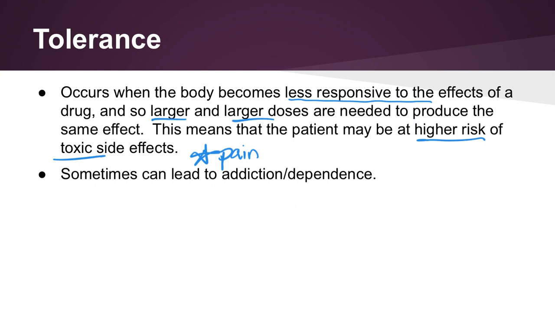And so, you'll start to take pain medications and you won't need much of a dose in order to produce that therapeutic effect, but then you can require more and more and more. And a lot of those medications also have addictive or dependent kind of properties. And so that can cause addiction, especially for those pain medications.